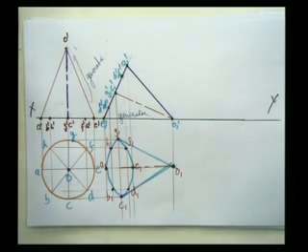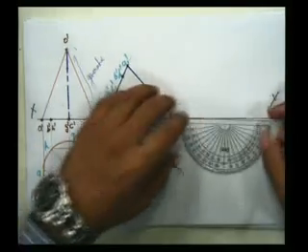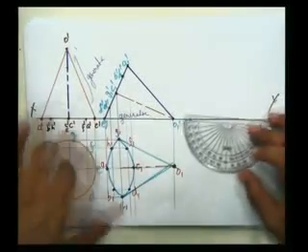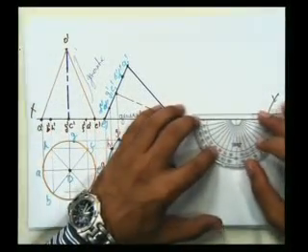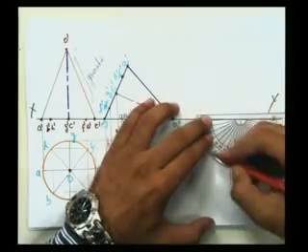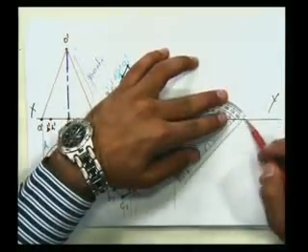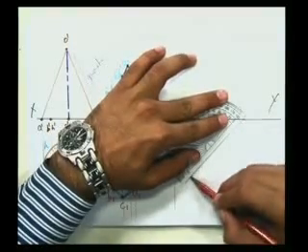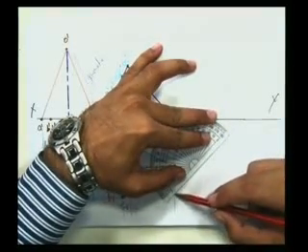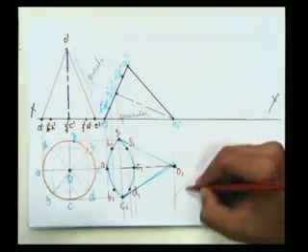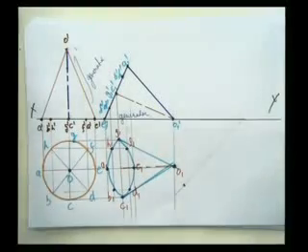So I'll draw a line at 45 degrees. Okay, this is 45 degrees. I'll just extend the line, and I'll assume this point to be my apex.